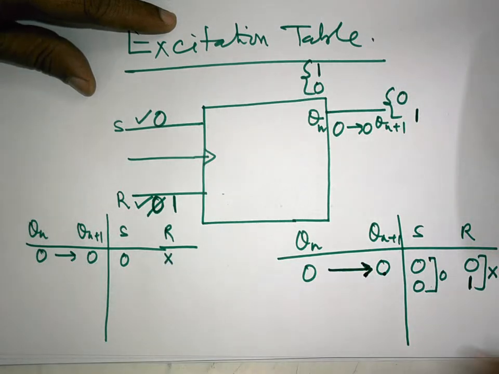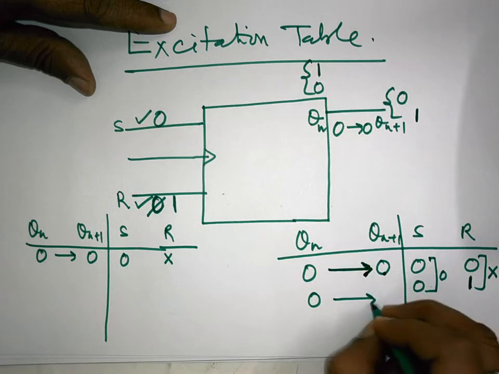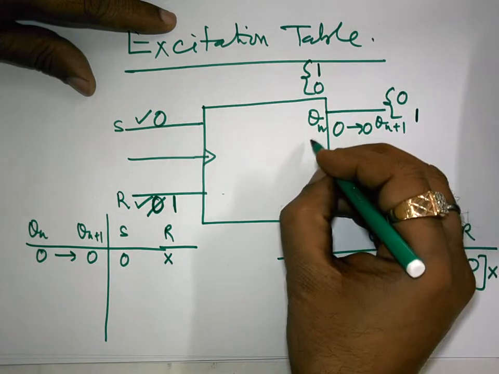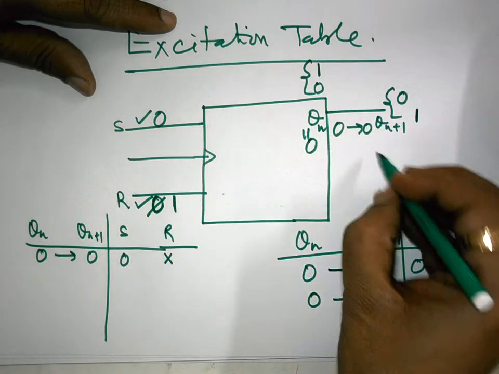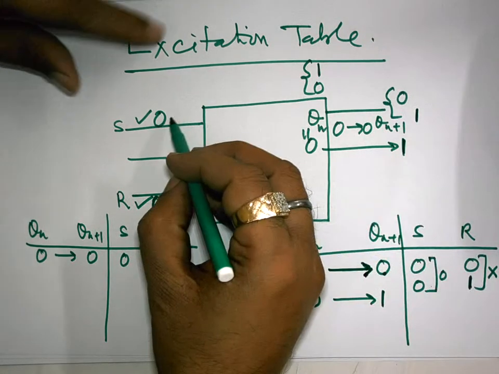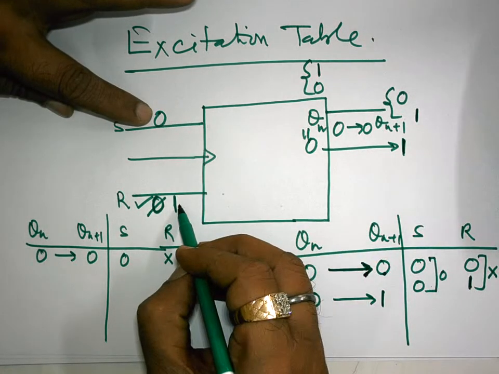Okay. Now suppose we are willing to have this kind of transition. This means 0 is there as a present state, but we are willing to make it 1 as a next state. Some of our designs demand this transition. Then what should be applied? Is 0 1 going to make this transition?